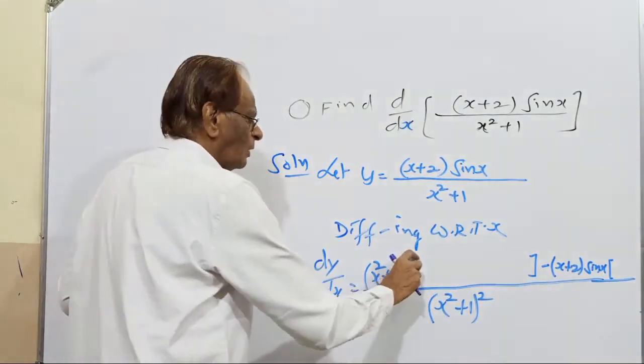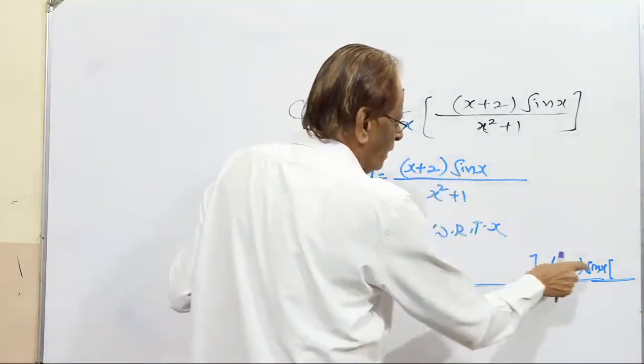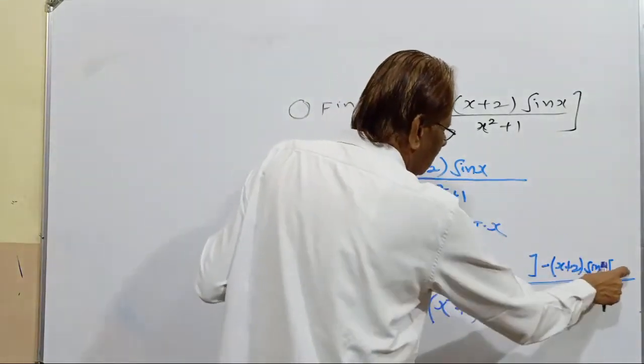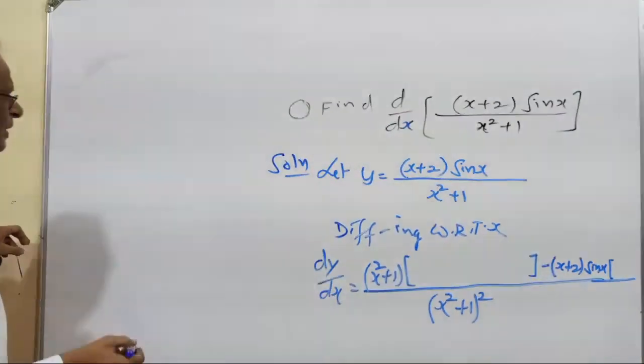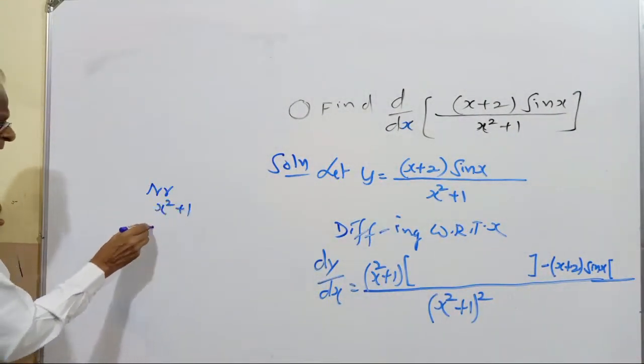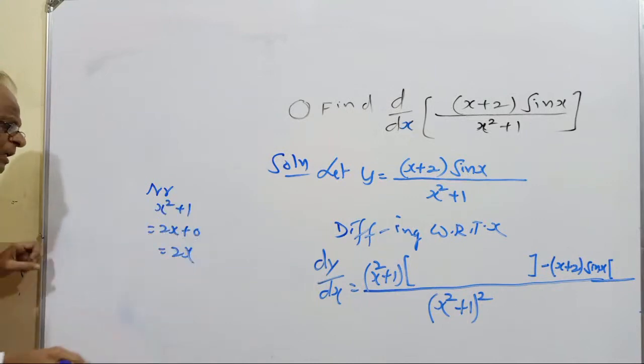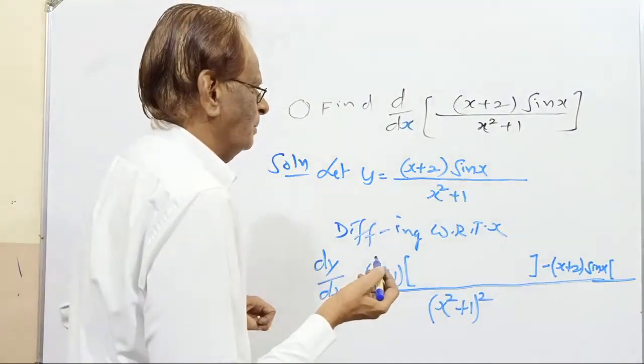The denominator is x squared plus 1; the differentiation of x squared is 2x, and of 1 is 0.